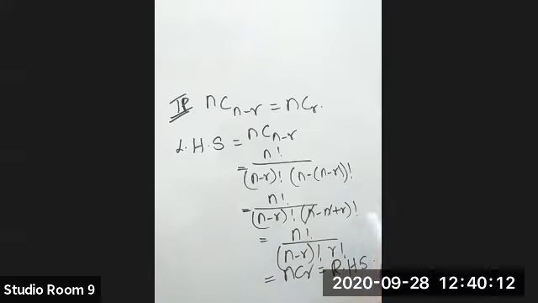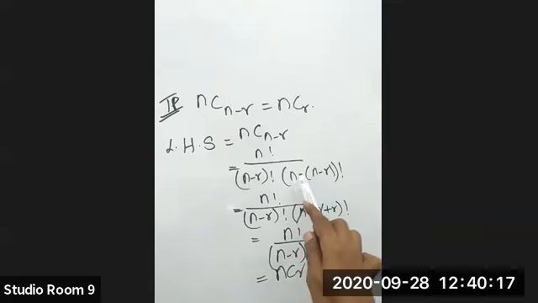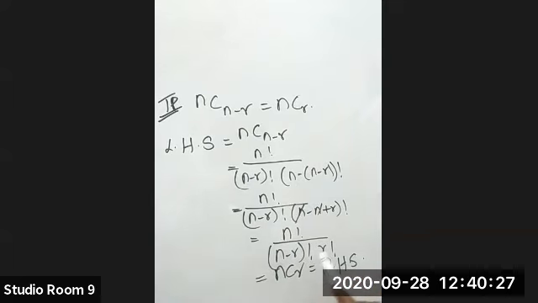So that is n factorial by n minus r factorial into, when you open the bracket, n minus n plus r. So n minus n will get cancelled. You'll get n factorial by n minus r factorial into r factorial, which is the same as NCR. Is it clear, children? Yes, ma'am.